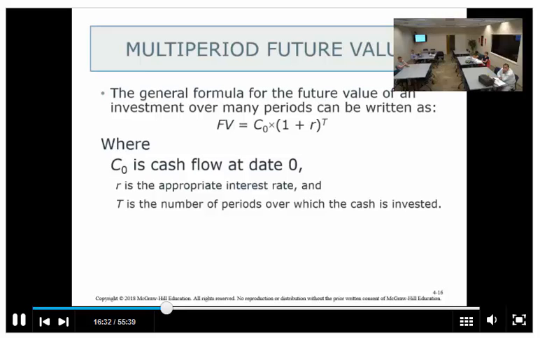We can leave an investment on deposit for multiple periods and calculate its future value. The presumption is that you're not only earning interest on your initial investment, you're earning interest every year on the interest that you're earning.